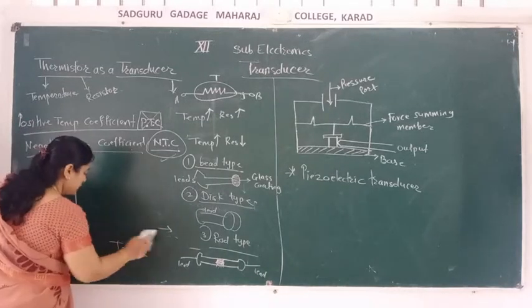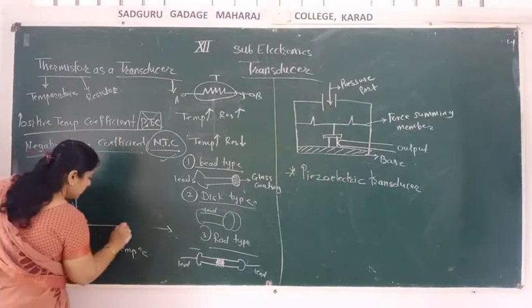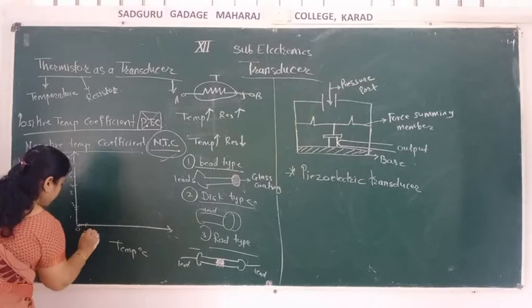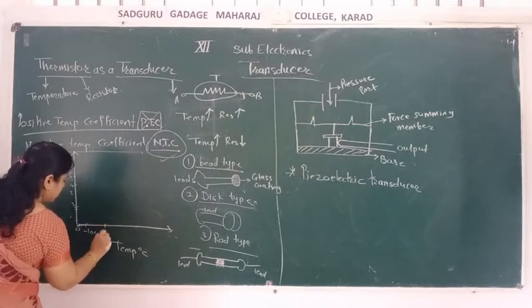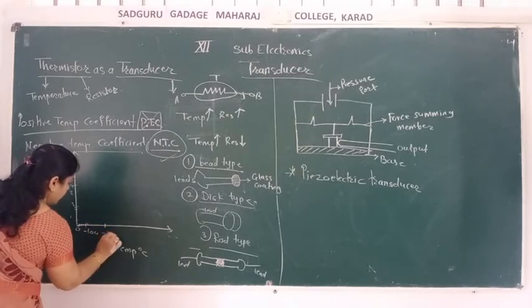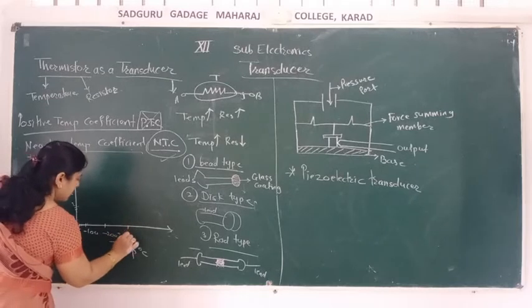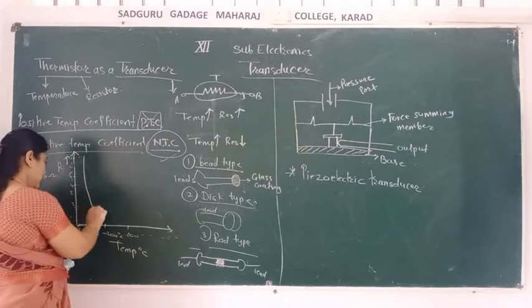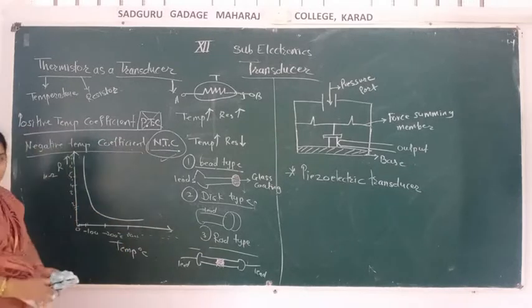If we take the scale from minus 100 degrees Celsius, suppose 0 and minus 100 degrees Celsius, minus 200 degrees Celsius, 300, whatever the scale, its graph is like this, it goes on decreasing.